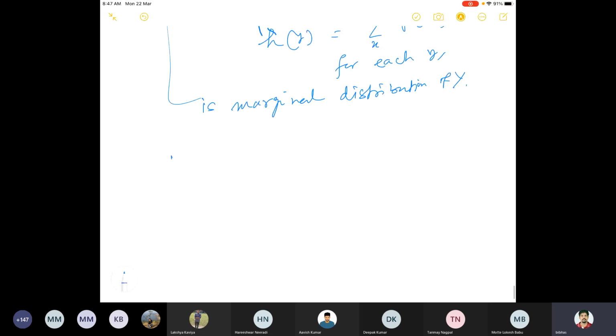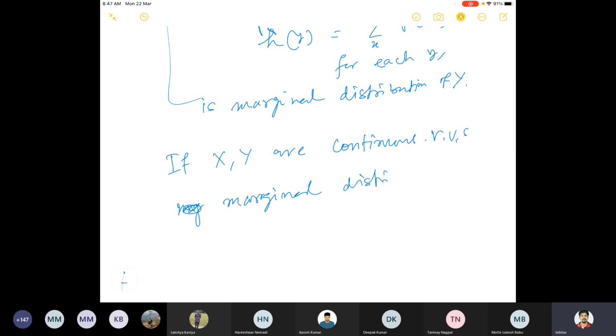Now if X and Y are continuous random variables, then the marginal distribution is the same thing, just the summation will be replaced by integration.